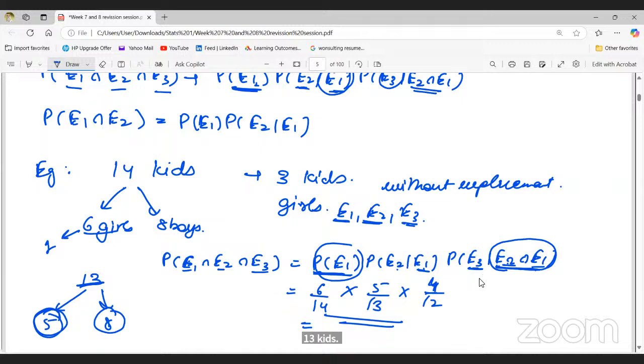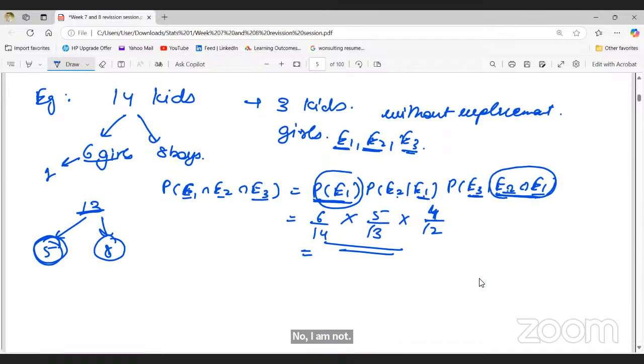You're getting my point? No, I am not. See, there are 6 girls and 8 boys. So how many total kids do we have? In the first condition, 14 kids total.